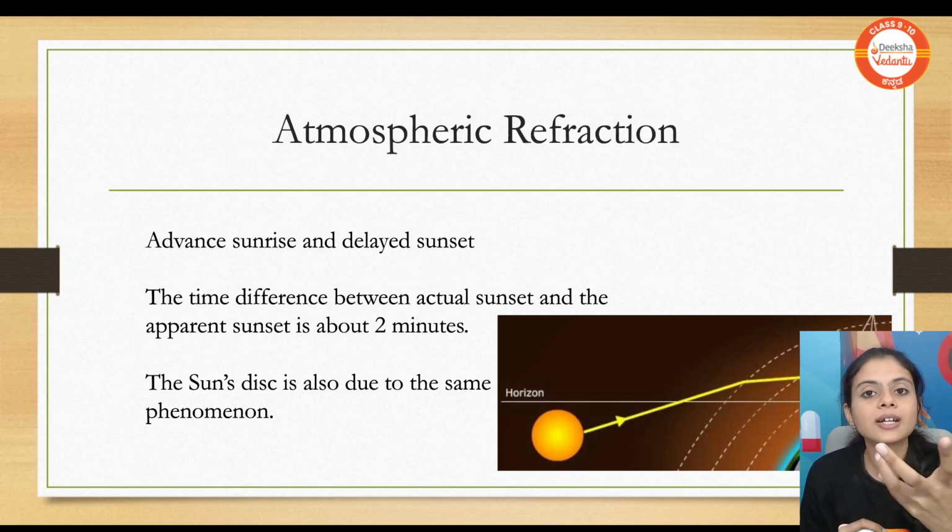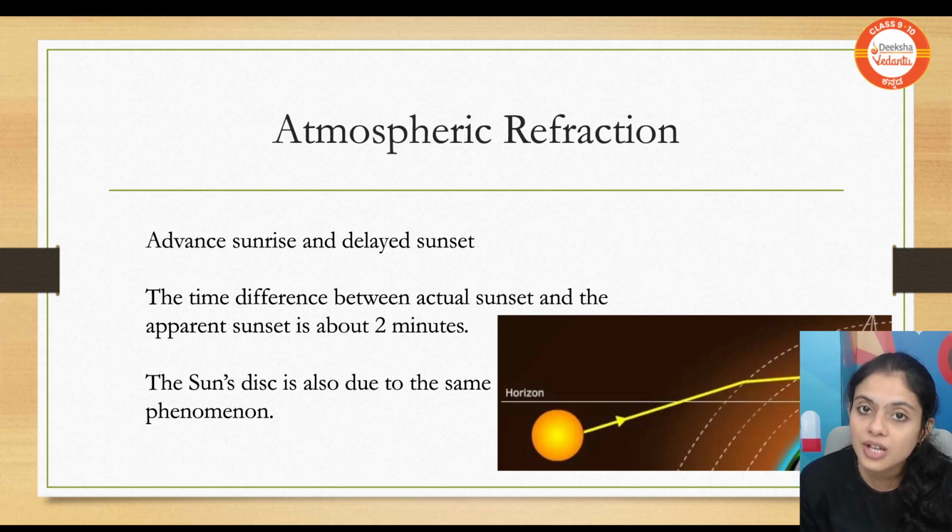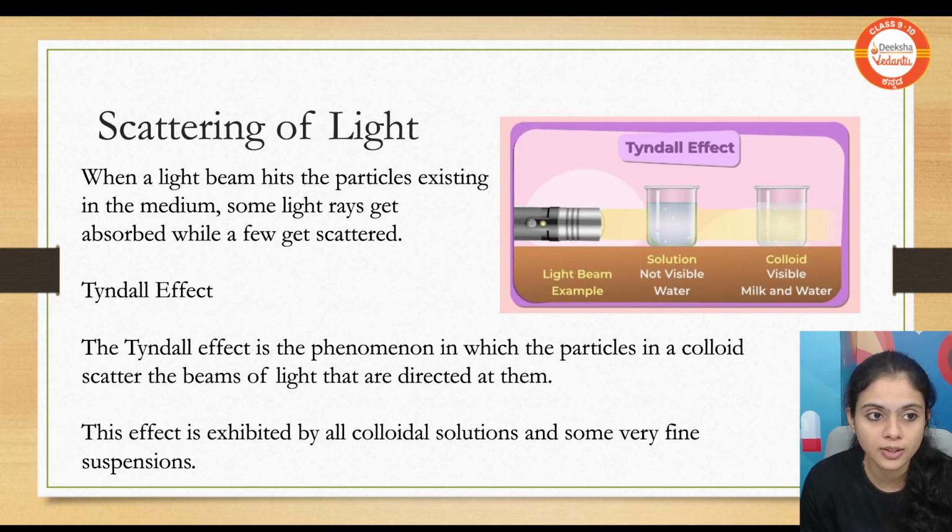The sun has not yet risen, but the person can see the sun and feels that the sun has already risen. The time difference in this process is 2 minutes, and a similar thing happens with sunset also. Clear? The sun disk is also due to the same phenomenon. We can see a disk around the sun, that is also because of the same phenomenon.